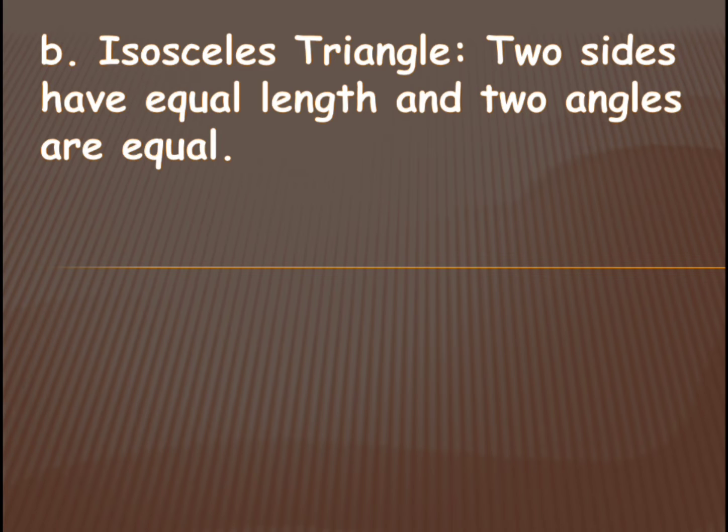Also two angles will be equal. The angles opposite to the equal sides will also be equal. So that is the isosceles triangle.